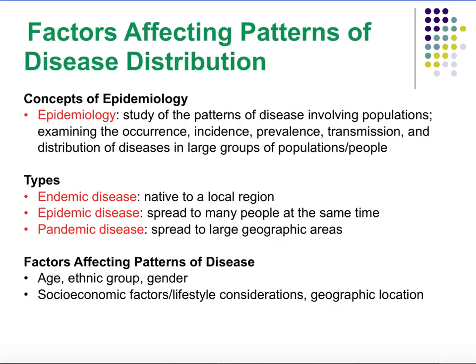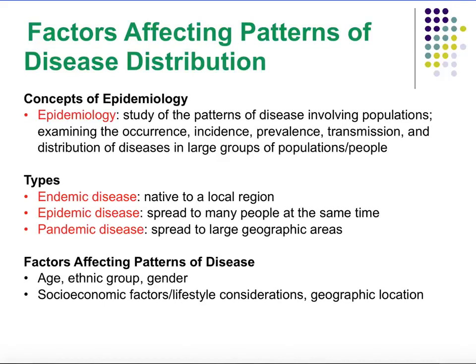The best example, I think, of epidemiology is to look at what happened with the Zika virus not too long ago. So we had to have epidemiologists come and study how the disease initially started and how it was spreading from person to person to be able to then combat and make sure that it doesn't continue to spread and what the best course of treatment would be.